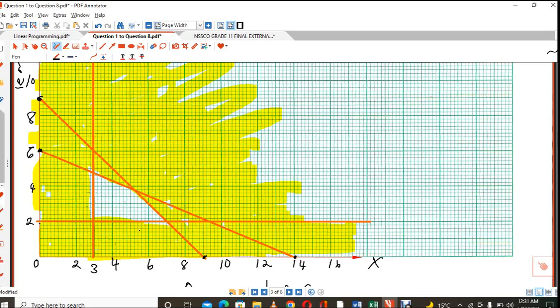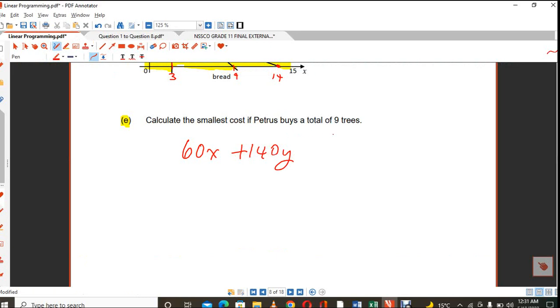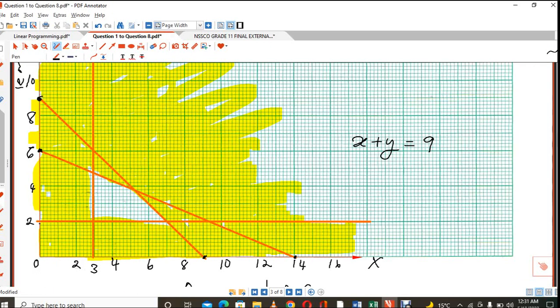It's supposed to be that x plus y should be 9, so my lemon and my orange trees should give me 9. So the point should be on this line that goes from here. It should be on this line.